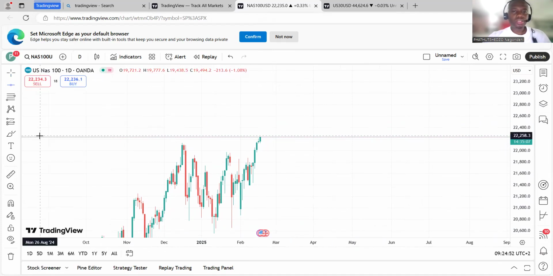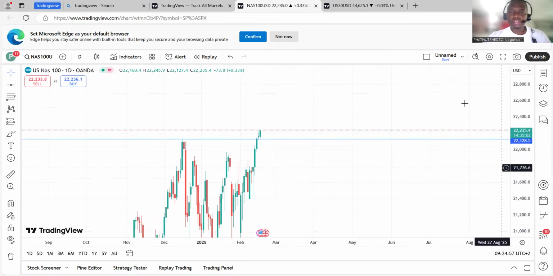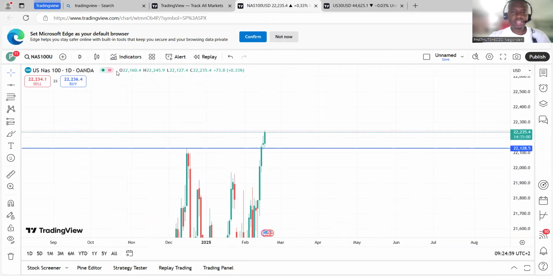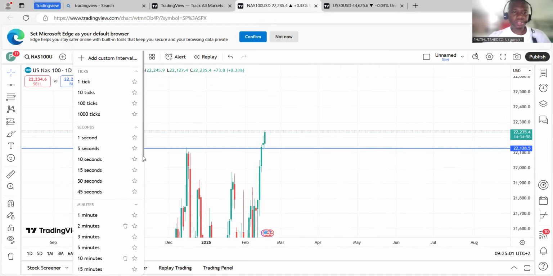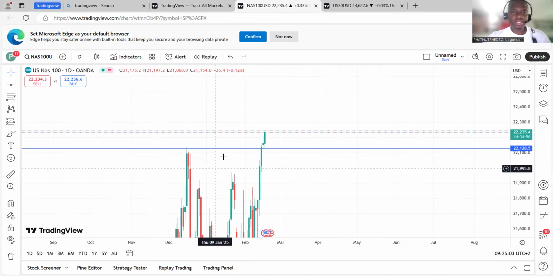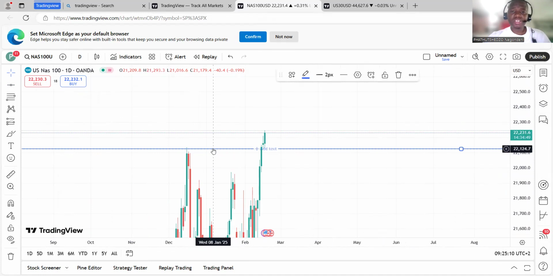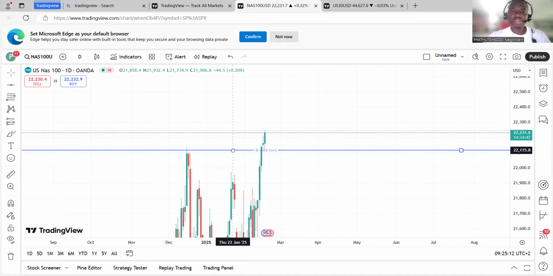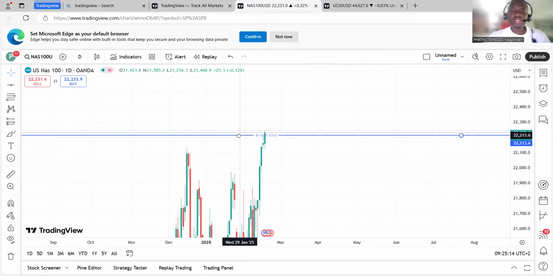Let me just quickly see something here, guys. How I see the market and how I analyze the market needs to change. You understand? Because the market conditions have changed. So you as well, you need to adapt to the new market conditions.